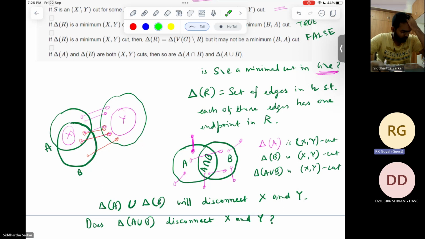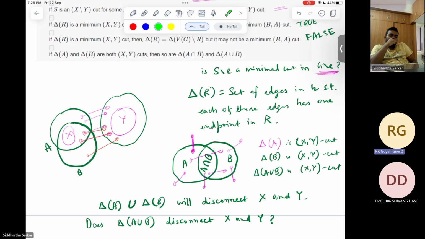Had they been minimal cuts, then delta A would have been the same as delta B. Now in this case, delta A and delta B may differ in the sense that delta A could be a cut and delta B could be a minimum cut. Yes, that could be one of the possibilities. We are not claiming that the cut is minimal. If one is a cut and the other is a minimal cut, then only their elements may differ. Otherwise, their elements would be the same.